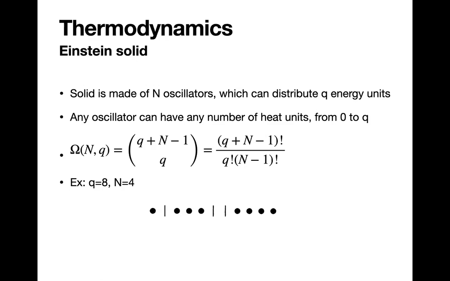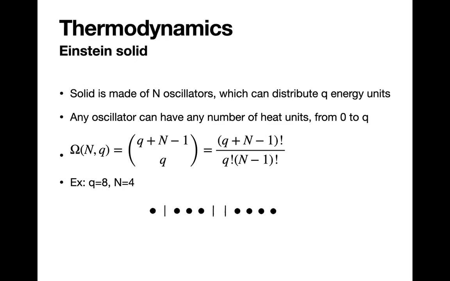Okay, so now kind of abstract from there, right? I could change this to any of the other different microstates by just moving those lines around, right? So I have 8 dots for 8 symbols that represent heat, and then 3 symbols, n minus 1, that represent the divisions between oscillators, right?